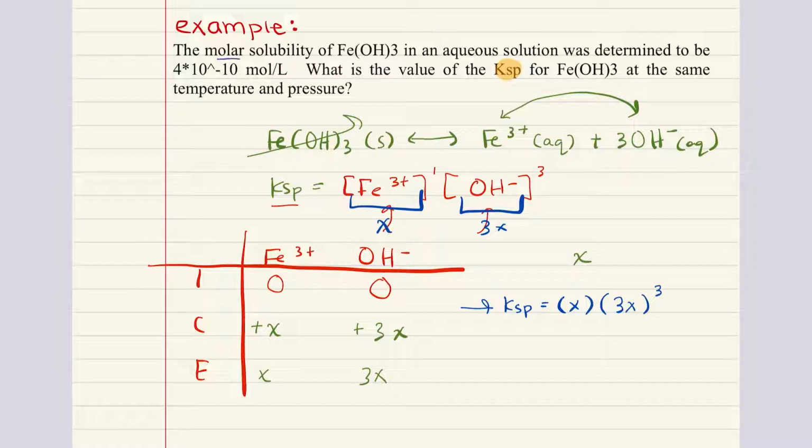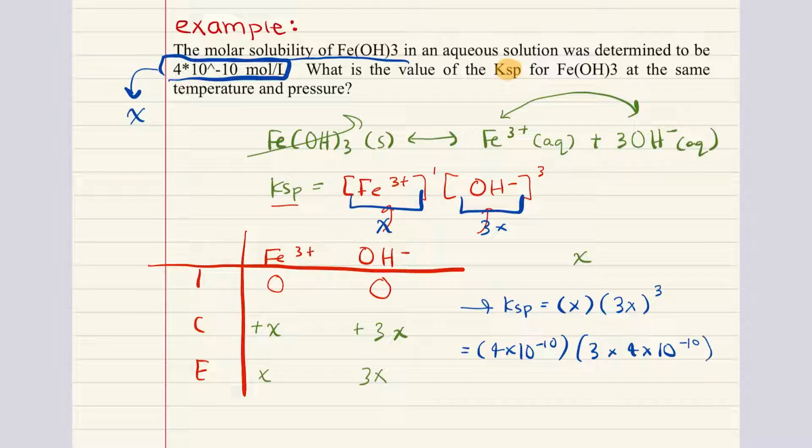The molar solubility of iron 3 hydroxide in an aqueous solution was determined to be 4 times 10 to the minus 10 moles per liter. This value, this molar solubility, is telling you what your x variable is. So then all we have to do is plug that number in. 4 times 10 to the minus 10 multiplied by 3 times 4 times 10 to the minus 10 raised to the third power.